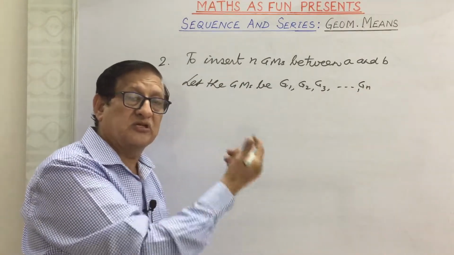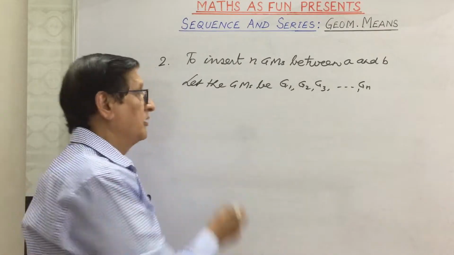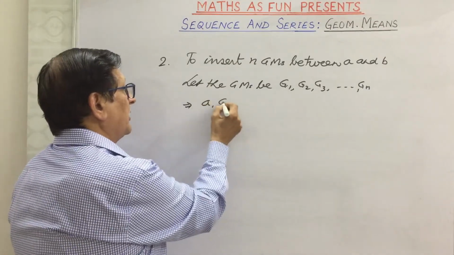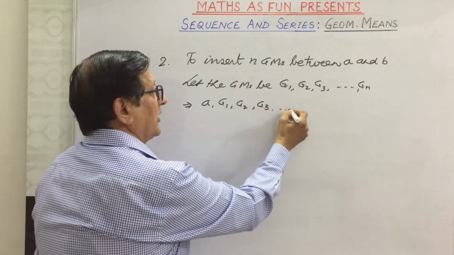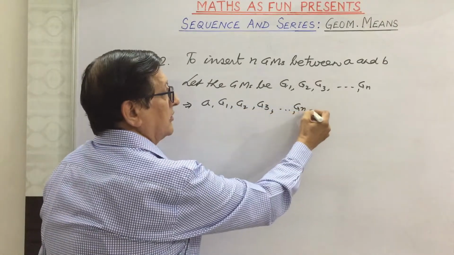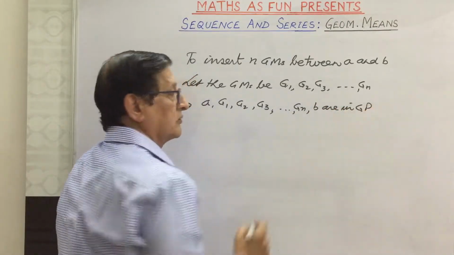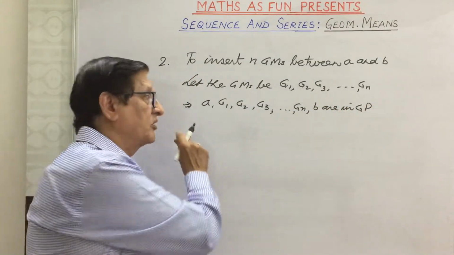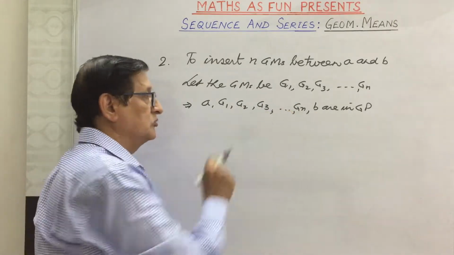Then according to the definition of geometric means, they will form a GP. It means A, G1, G2, G3 and so on up to Gn and B are in GP. How many terms are there in this GP? They are n plus 2.